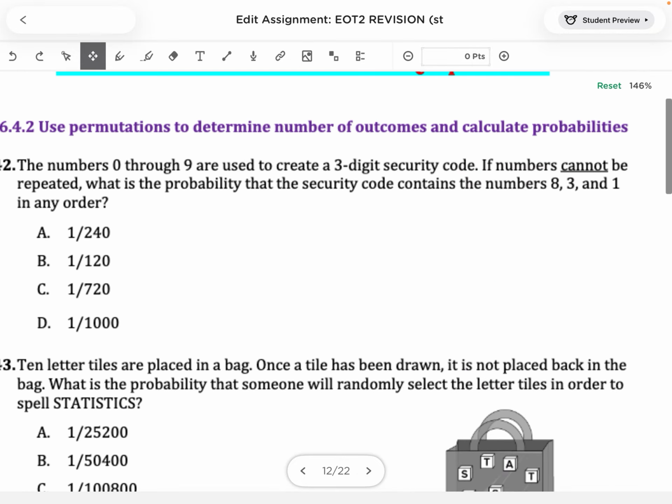Numbers from 0 till 9 to create a 3-digit number, cannot be repeated, so the sample space is here. We have 10 numbers. We will select 3 without repetition, so there is a kind of order arrangement. We use permutation.